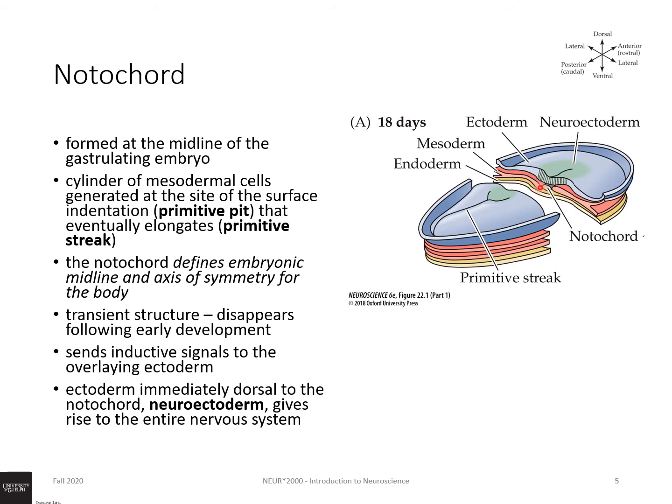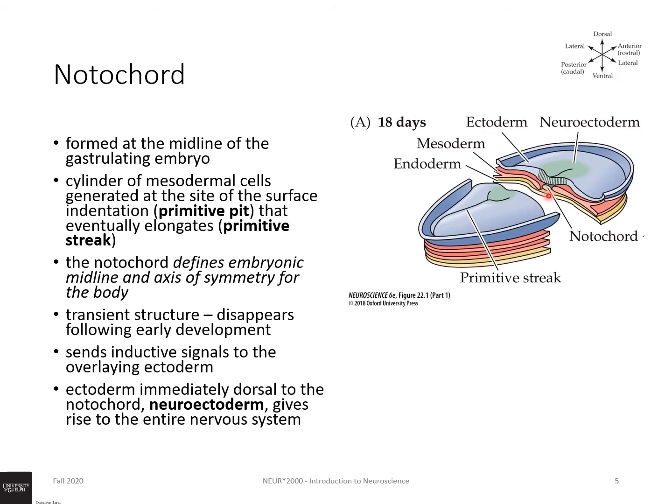So it's cells from the mesoderm that's generated at the site of the surface indentation, known as the primitive pit, that eventually elongates into the primitive streak. And the notochord defines the embryonic midline. So it defines the midline of the embryo, and it's the axis of symmetry for the whole body.